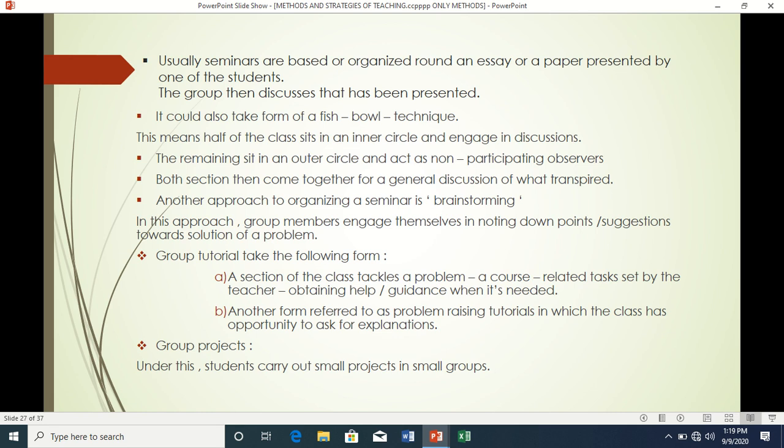We have been doing it in our classroom, but we need to take the steps and make them clear for you, so when you decide to use a seminar to teach your class, you will know exactly what you have to do. And so with this at the back of our minds, we will break here and then continue from organizing a seminar or using a seminar as a method of teaching.